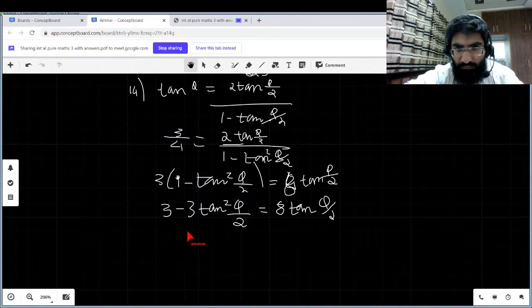Then you use the equation and you'll get tan theta by 2.